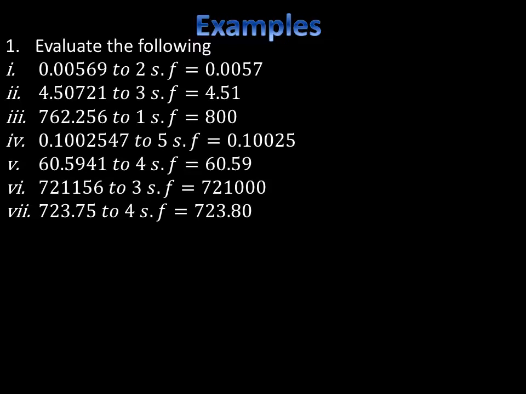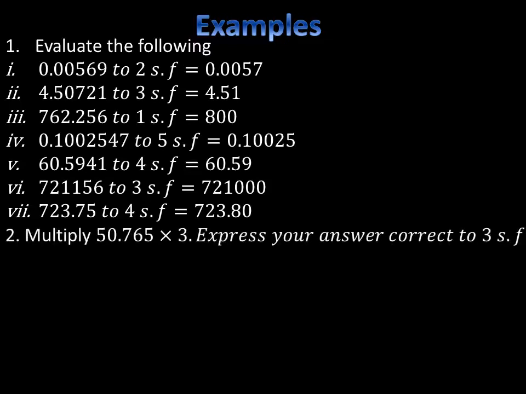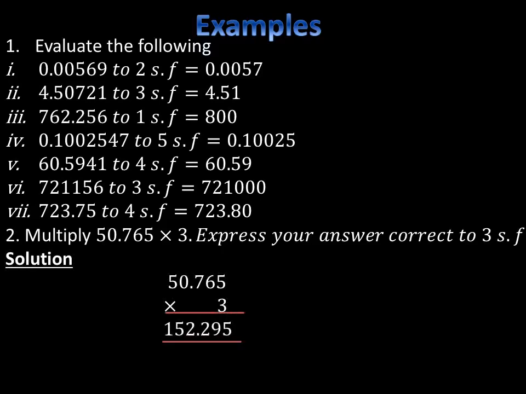So our final answer will be 723.80. Now we go to the second question, which says multiply 50.765 by 3. Express your answer correct to 3 significant figures. Here is the solution. We multiply 50.765 by 3 and our answer will be 152.295.